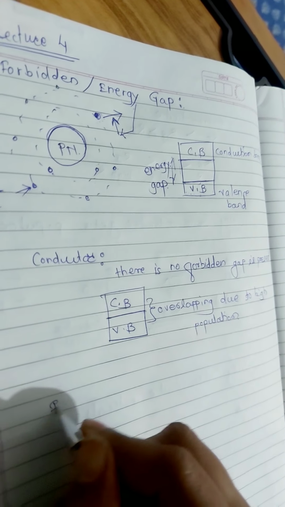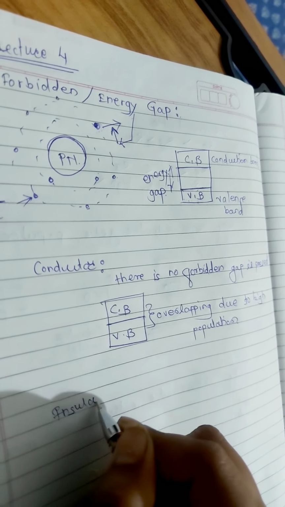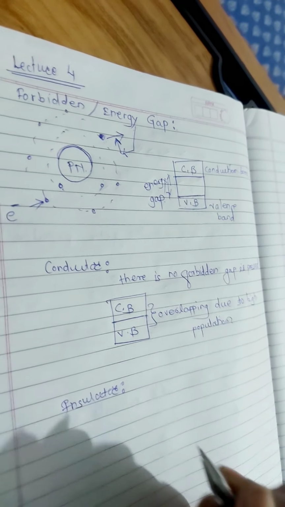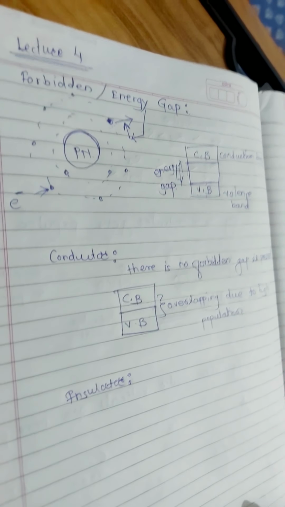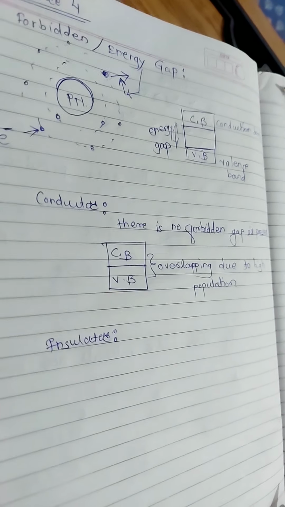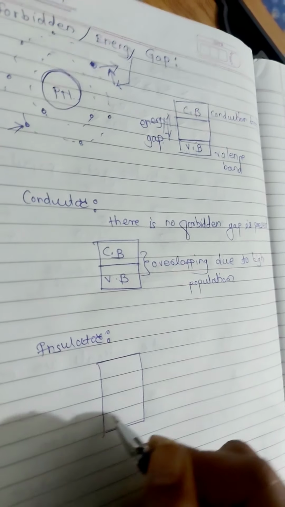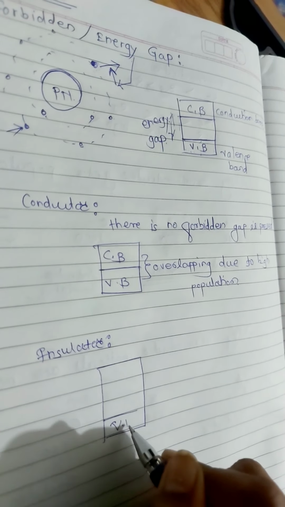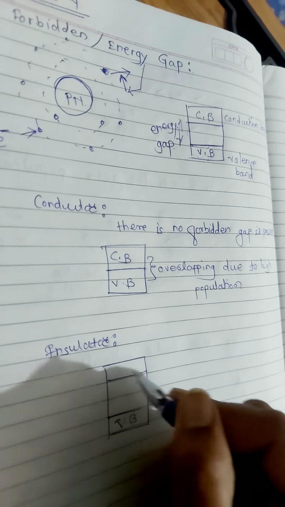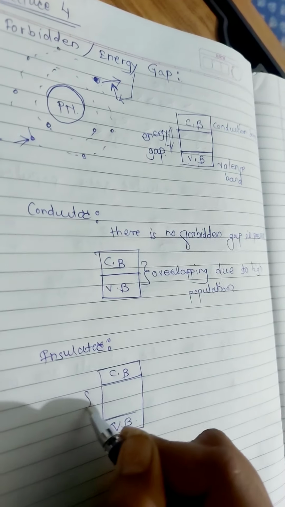Then we will take the example of the insulator. An insulator does not allow the electrons to flow through it, so it has a more energy gap. This is the energy gap.